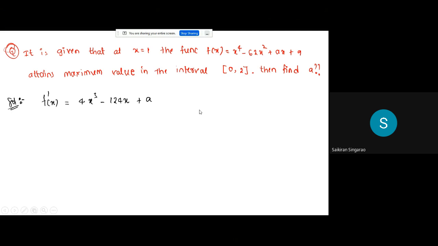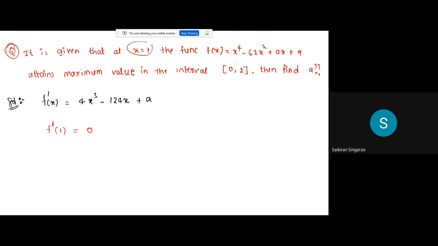Can you tell me what we do next? It is given that at x equal to 1, it is attaining maximum value. So what should happen? F dash of 1 should be equal to 0, because at x equal to 1 the function attains maximum value.